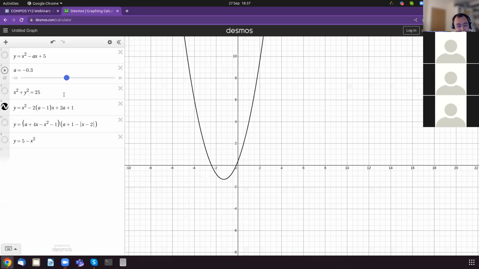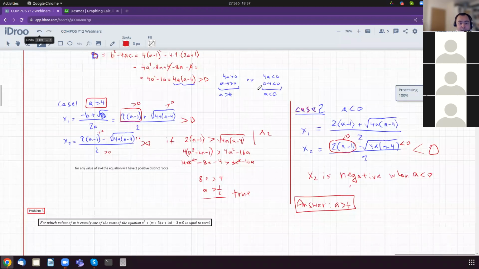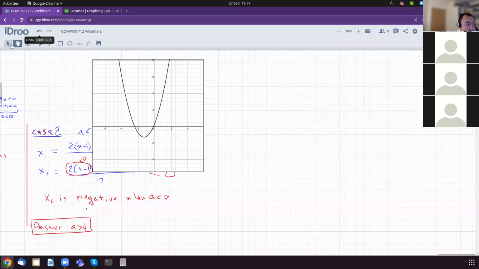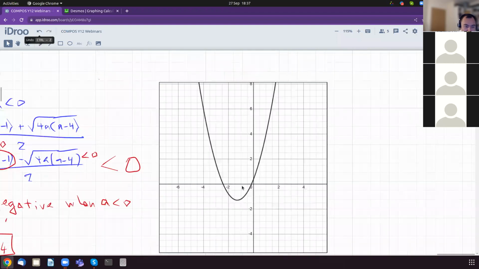So we don't care about the other one, because x2 will always be negative. So this is a less than 0.